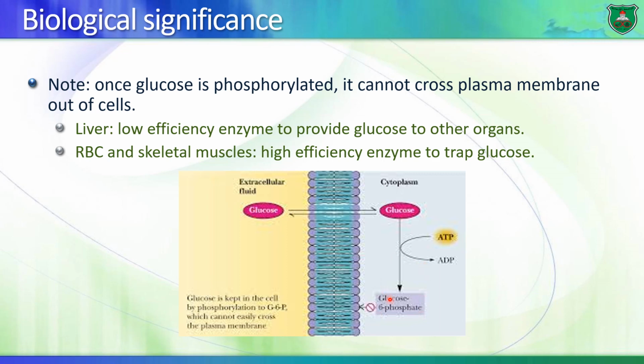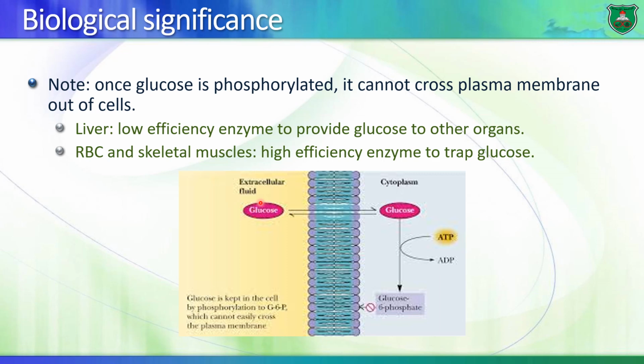So as a result, you would expect the reaction that results in the formation of glucose 6-phosphate to be very slow and not very efficient in liver, allowing for some glucose to be present in the form of unphosphorylated glucose so that it can be sent outside to peripheral tissues.